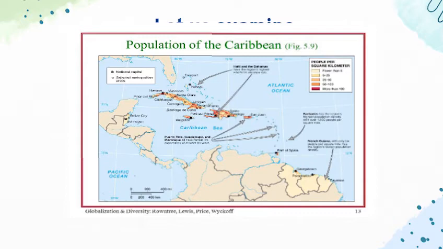We can hardly find any pale orange or yellow spaces, compared to Dominican Republic, where there's only one area that's really concentrated with more than 100 persons per square kilometer, versus the rest of Dominican Republic, where it is 5 to 25 people per square kilometer. All right, so I hope you guys are seeing that. So we can say that Haiti is more heavily populated compared to Dominican Republic.